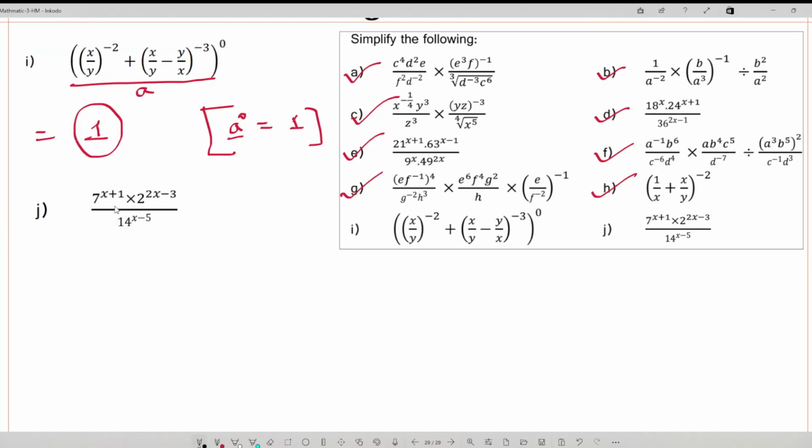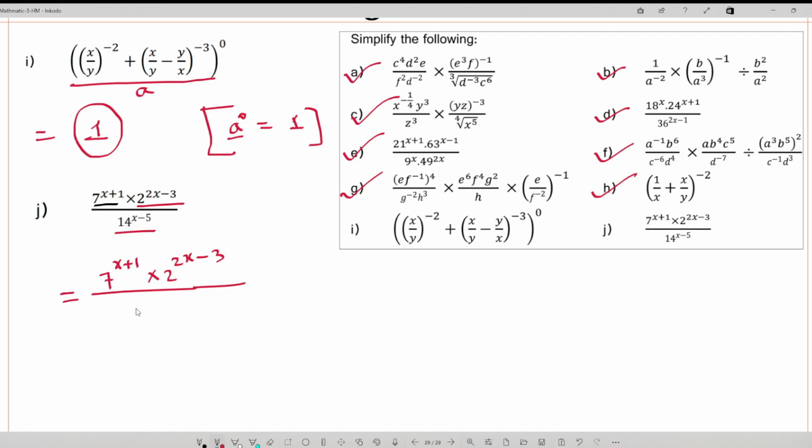J, this fraction, in the numerator 7 to the power x plus 1 times 2 to the power 2x minus 3, divided by 14 to the power x minus 5. So first we can do like this, 7 to the power x plus 1 times 2 to the power 2x minus 3, we will not change anything.